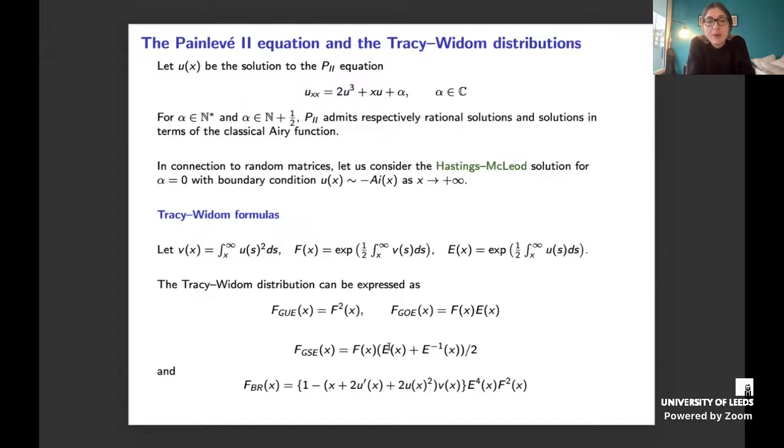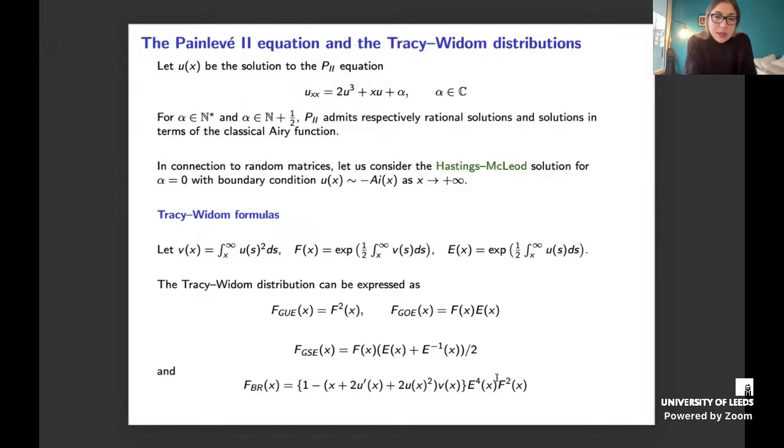And also the Baik-Rains distribution has this form: there is this product of F squared E4 times this parenthesis, which is written in terms of the solution to the Painlevé 2 equation. The term between parentheses and E4 can be seen as a sort of finite rank perturbation of the GUE Tracy-Widom distribution.